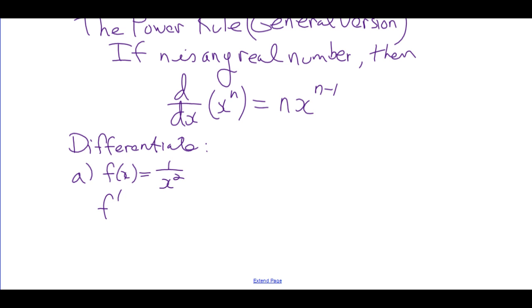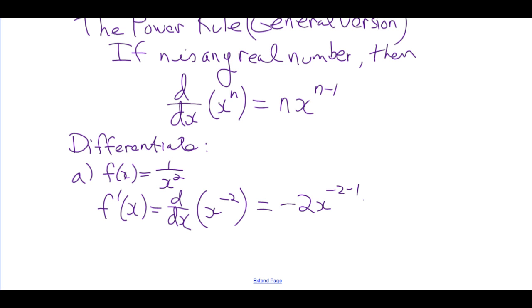We might go there in a couple of steps. f prime of x is d by dx of x to the negative 2. So instead of writing it as 1 over x squared, we need to write it as x to the n, so x to the negative 2. Then that's negative 2x to the negative 2 minus 1, which is negative 2x to the negative 3, which is negative 2 over x cubed.